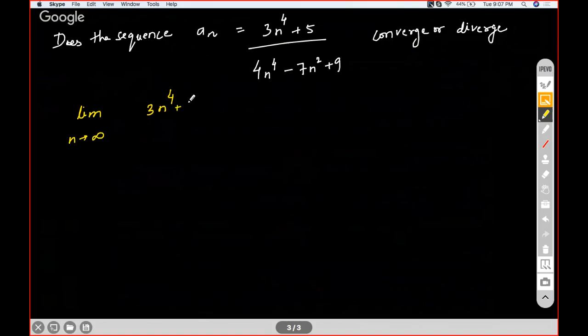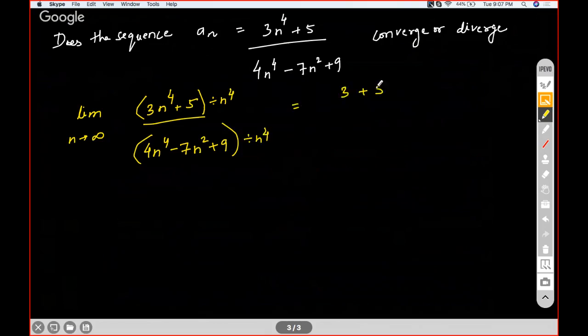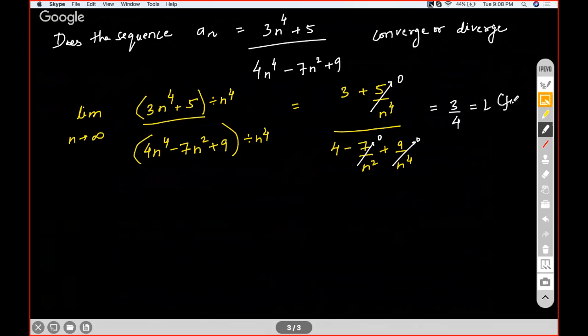You need to divide by n to the power 4 on both the numerator and denominator, because that is the highest power of n occurring. So it's (3 + 5/n^4)/(4 - 7/n^2 + 9/n^4). And these terms would become 0 as n becomes very, very large. So it gives you a finite value, L is a finite value. So yes, the sequence converges to 3 by 4. That's how you will read it.